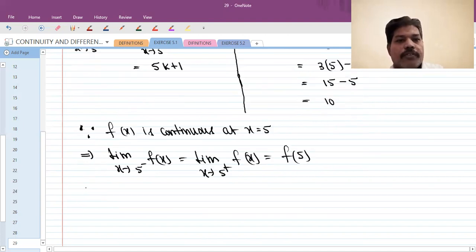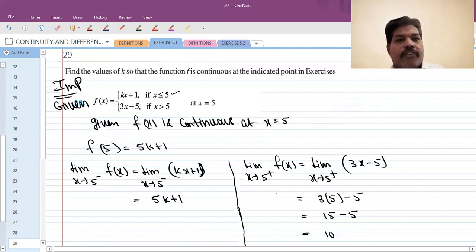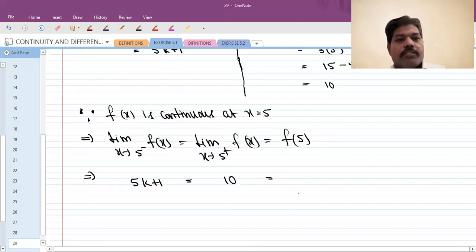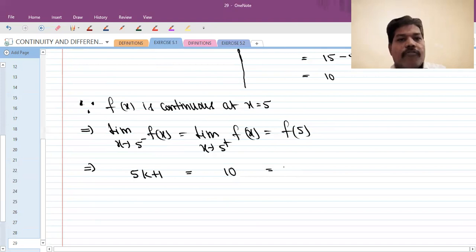Then what happens? The left hand limit is nothing but 5k plus 1. This is equal to the right hand limit, which is nothing but 10. That is equal to f of 5, which, see here, is 5k plus 1.